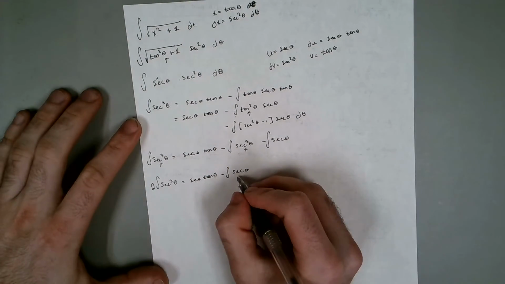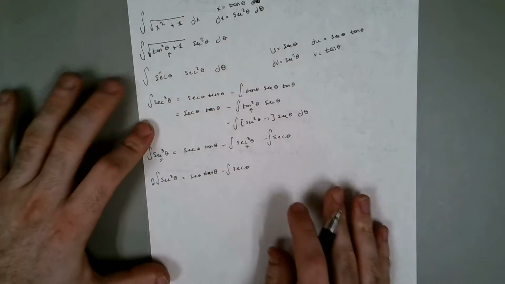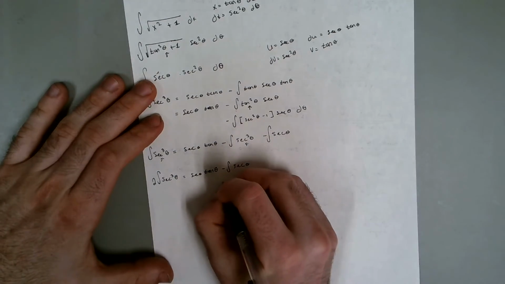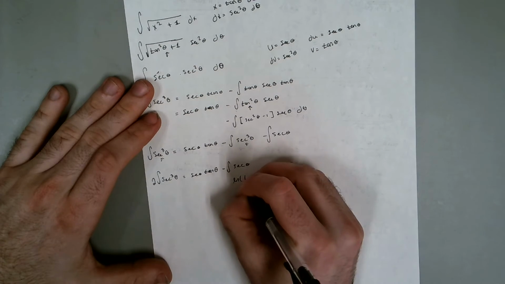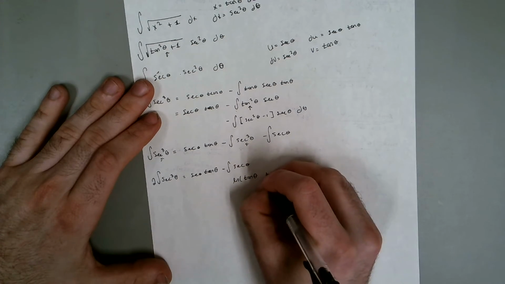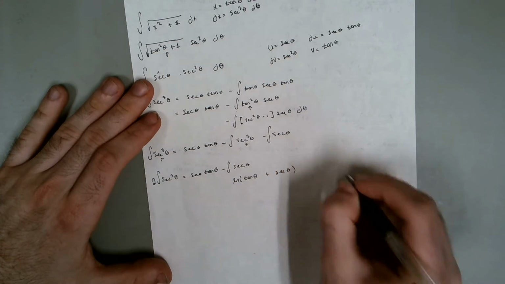Right, and here the integral of secant theta is something that we know. It is the integral of secant theta is the ln of tangent theta plus secant theta.